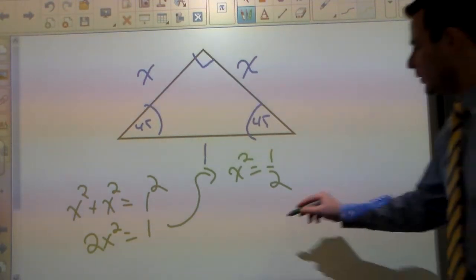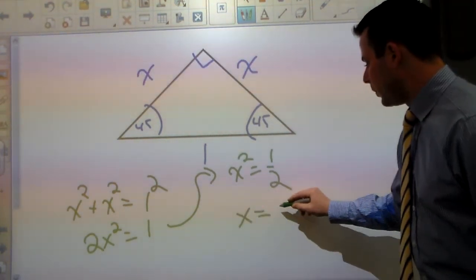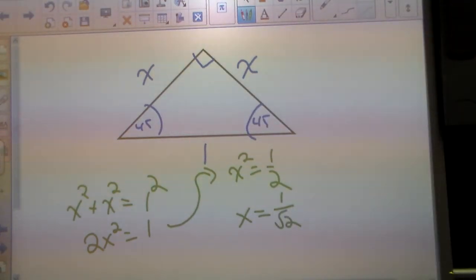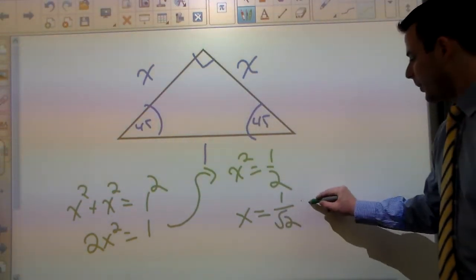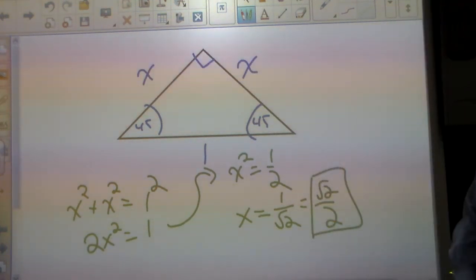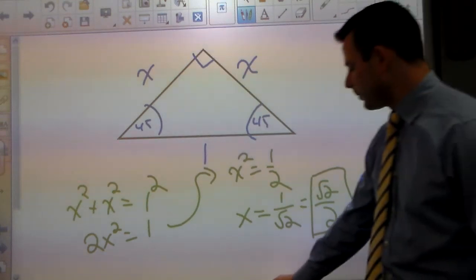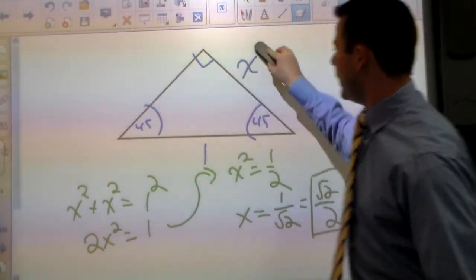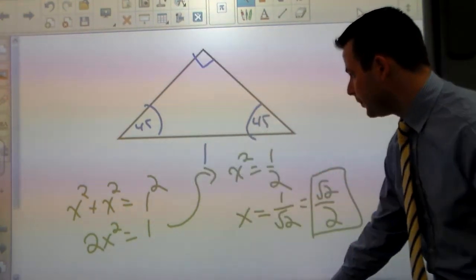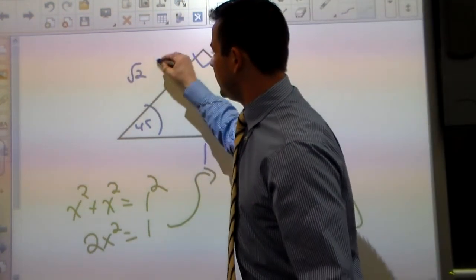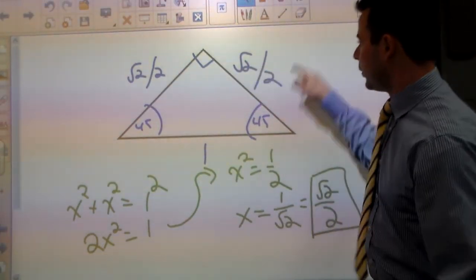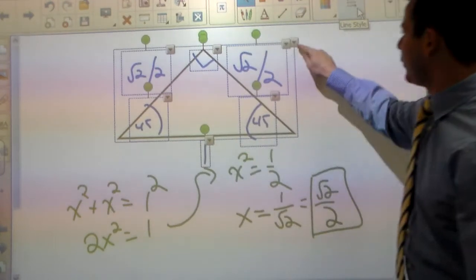Take the square root of both sides. x equals the square root of 1, which is 1, over the square root of 2. Rationalize your denominator: radical 2 over 2. So now we know that these two missing values, which are the same because this is an isosceles triangle, are radical 2 over 2.